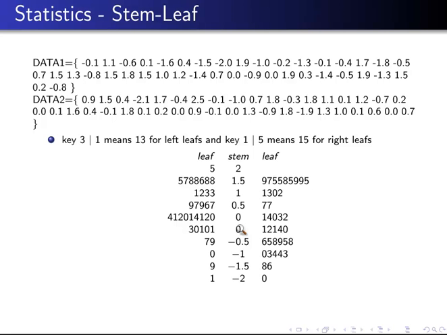Fortunately, we have an even number, so I've actually put 1 here and 1 here. So each of these has 5 numbers, so -1 up to but less than -1.5 goes up here, -1.5 up to but not including -2 goes here, and so on.